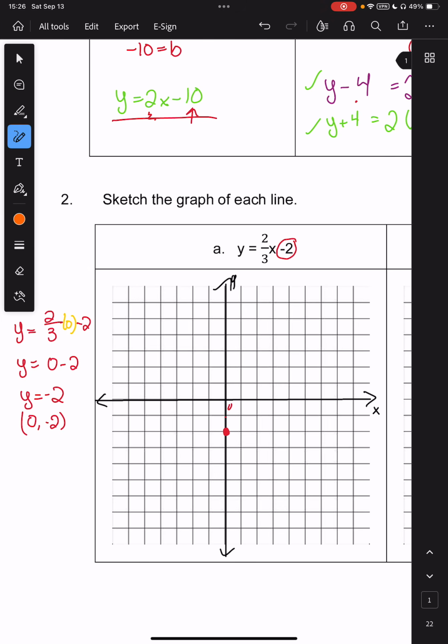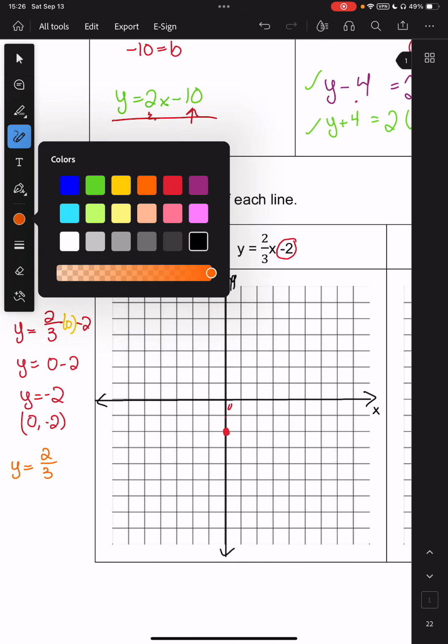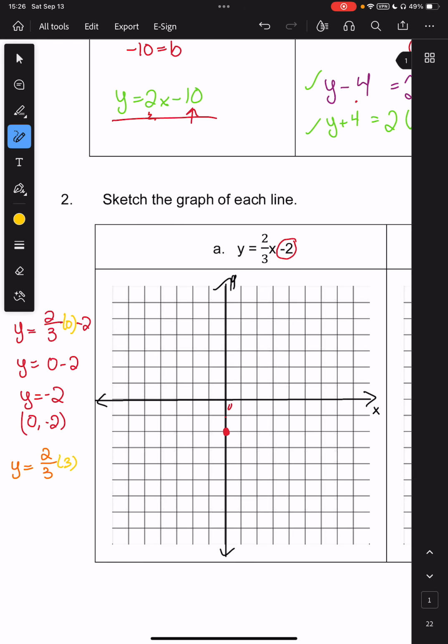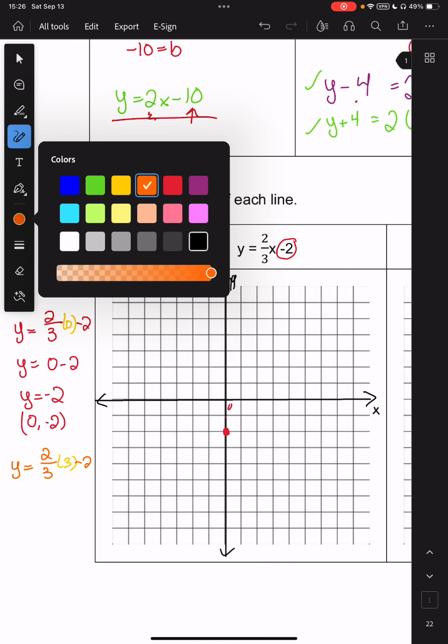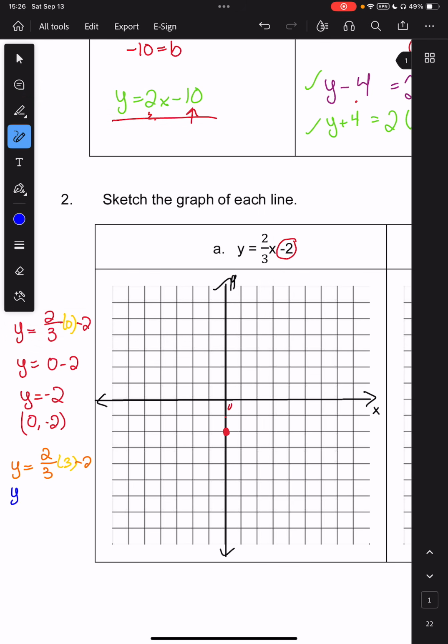So now let's pick another point. Let's try to find our y coordinate when our x is 3. So to do that, let's just multiply out and solve. So y is equal to 2 times 3 over 3.